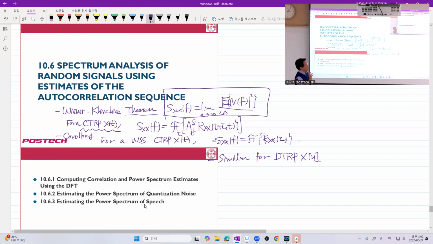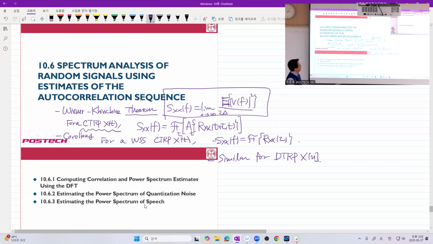So I strongly recommend you to remember the definition and the theorem, because sometimes some property of power spectral density can be much better understood by simply using the definition of the power spectral density. For example, what happens if you delay a random process? Power spectral density changes? It doesn't, because the magnitude square is taken, right?